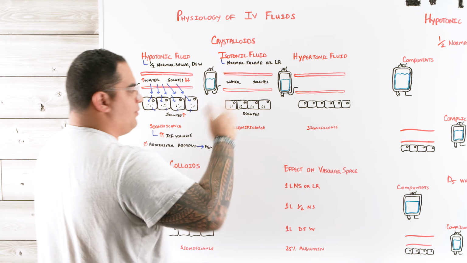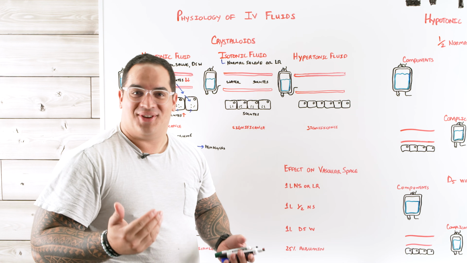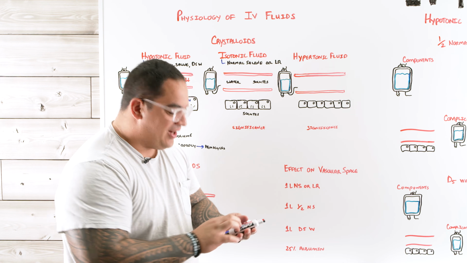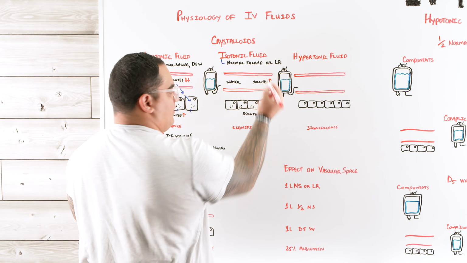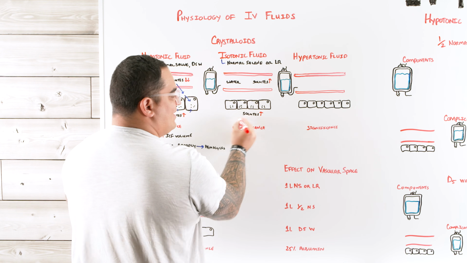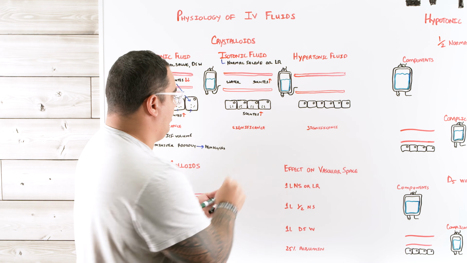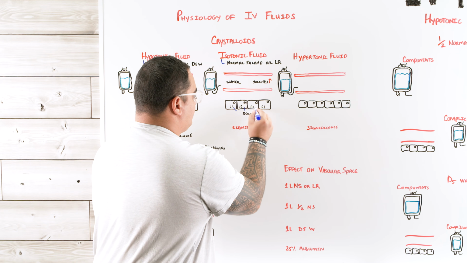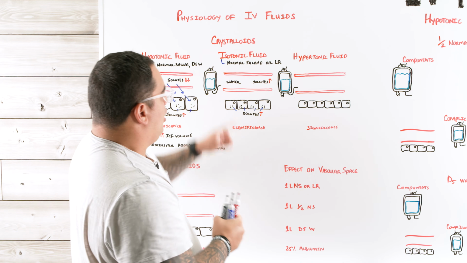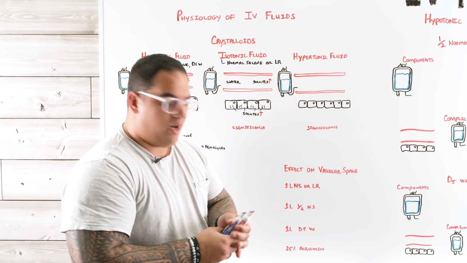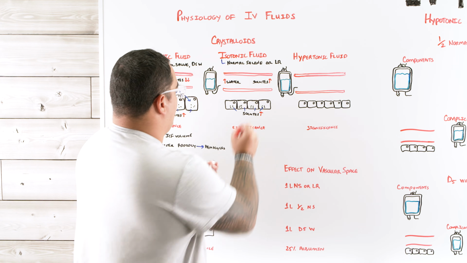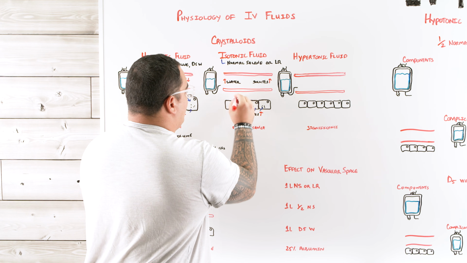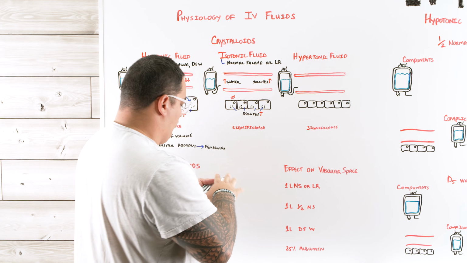And so water doesn't really move in any direction if the amount of solute concentration is relatively the same. So let's say that I have lots of these solutes, but I have the same amount of solutes present here in the cell. There's going to be no net movement, right? No net movement.